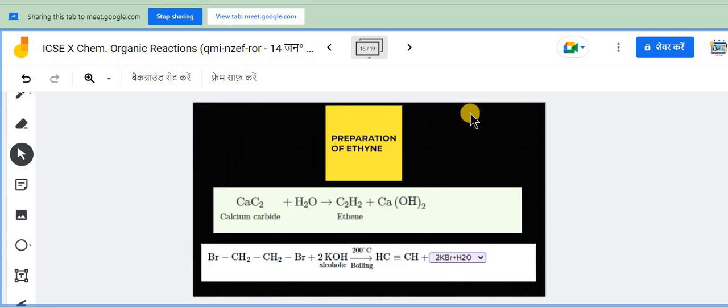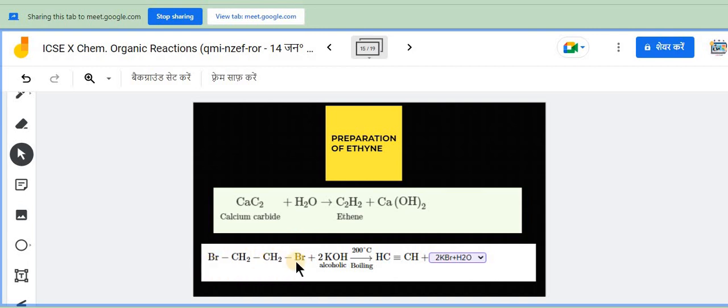Yes, that's clear. You have told me calcium carbide method and dehydrohalogenation again. If you see calcium carbide, it's very easy. I am giving you the reference of welding also. Calcium carbide plus water gives rise to calcium hydroxide plus ethyne. The reactant in the other method is an alkyl halide, basically a dihalide.